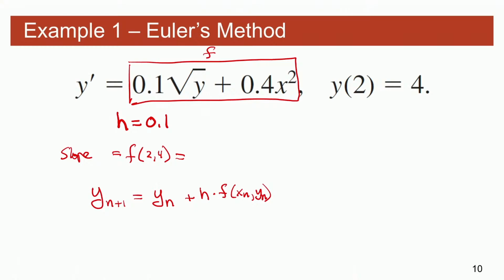Rachel, you're the only Rachel here. What did you get when you plugged 2 and 4 into that function? Sorry, I'm rushing you. You can take your time. Let me know when you got it. I think you're off by just, it's 0.4 times the x squared.